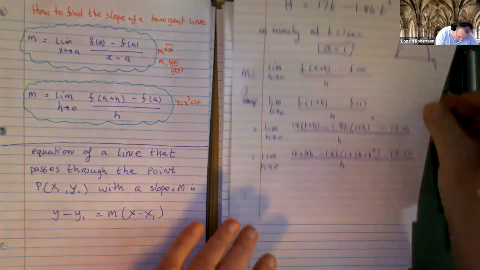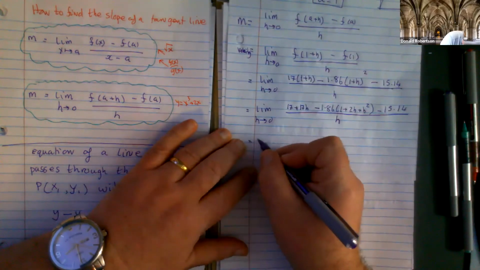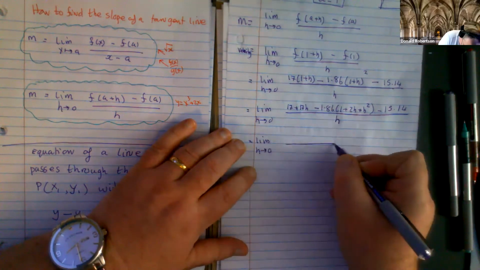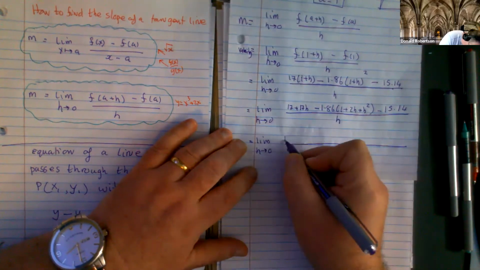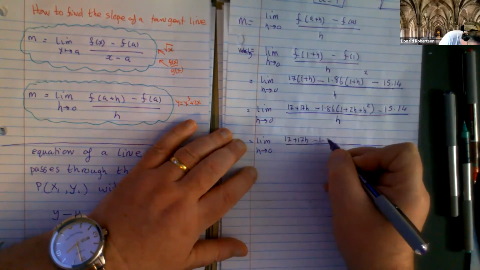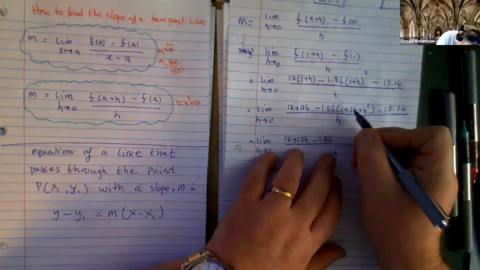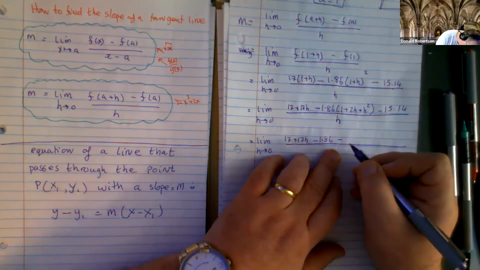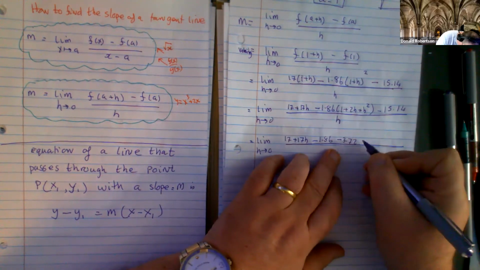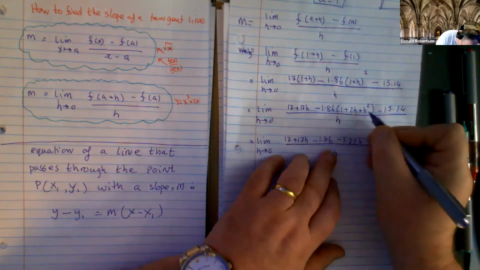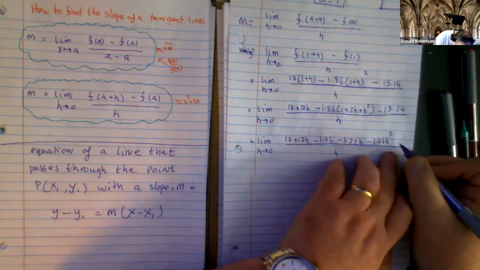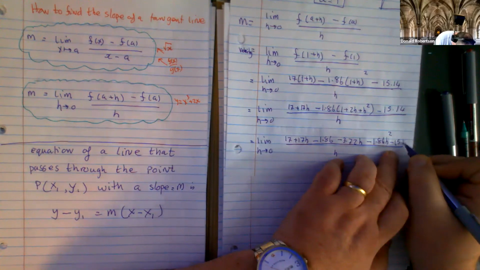Then you get this guy. 1.86 times that gets you 2, 2 carry 1, 7 carry 1, 3.72h. And that guy times that guy gets you negative 1.86h squared. Take away a 15.14.